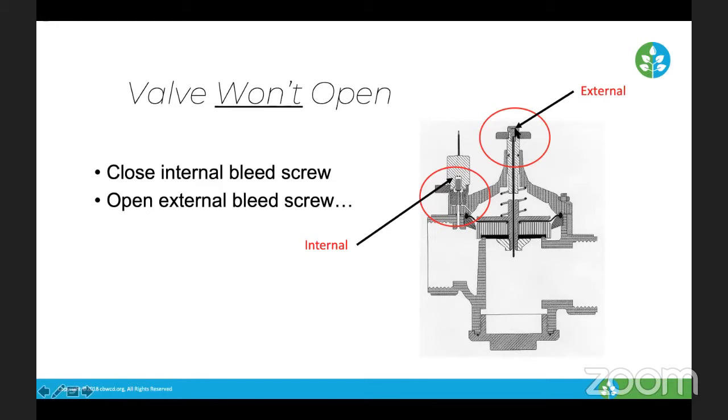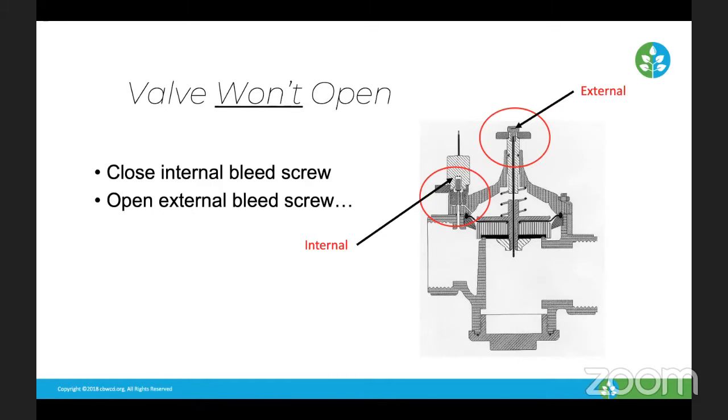If water is coming out of the bleed screw like it should be, and the valve turns on, normally we're able to see the sprinklers pop up or the drip run or whatever it is that we have on that zone.